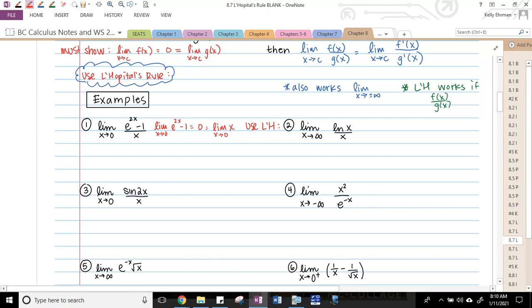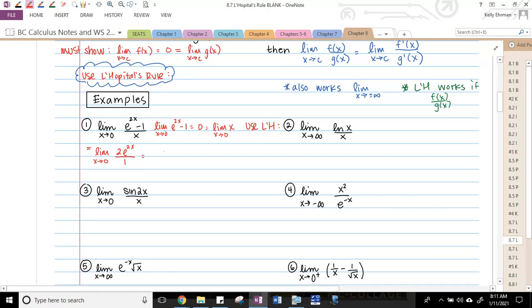Okay, how do I use this L'Hopital's rule? What I'm saying is the limit as x approaches 0 of e to the 2x minus 1 over x is equal to the limit as x approaches 0 of, what's the derivative of e to the 2x minus 1? It's 2 e to the 2x by chain rule, over what's the derivative of x? 1. Once you use L'Hopital's rule once, you take a derivative of the top and the bottom of the fraction, try direct substitution again.